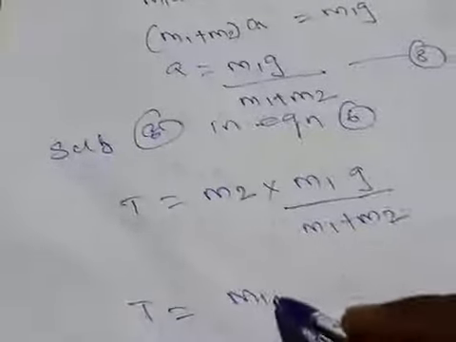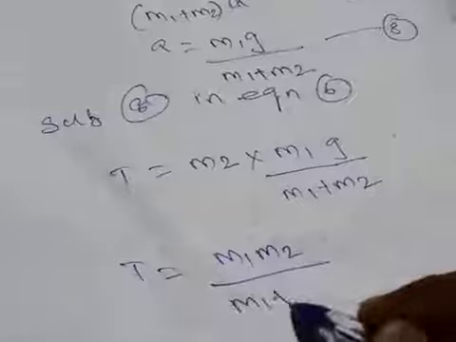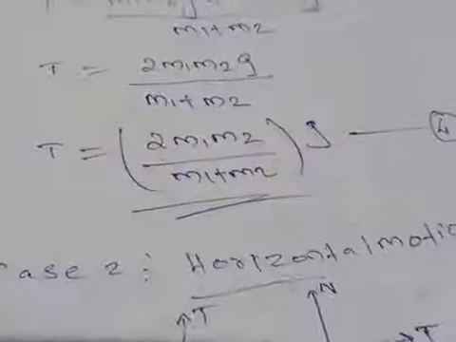Multiplying this, T is equal to M1 M2 by M1 plus M2 into G. Comparing this tension for horizontal motion and for vertical motion, there we got 2 M1 M2 by M1 plus M2 into G, and here we got M1 M2 by M1 plus M2 into G.